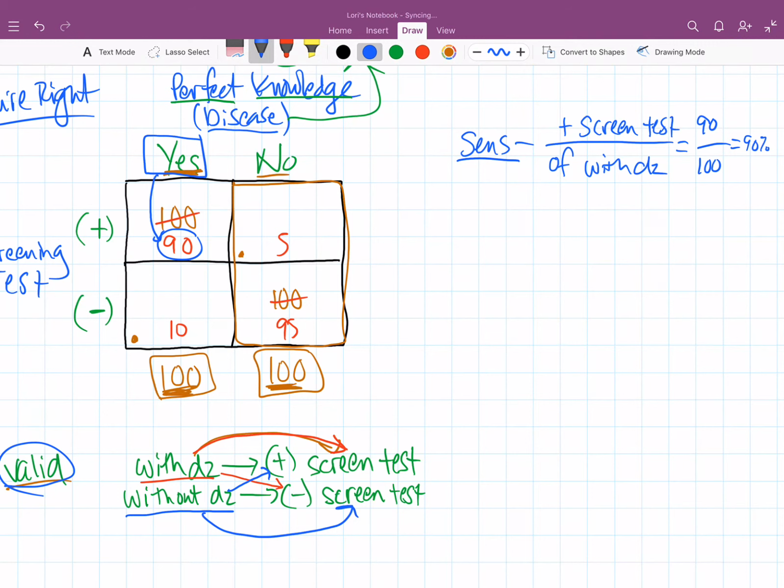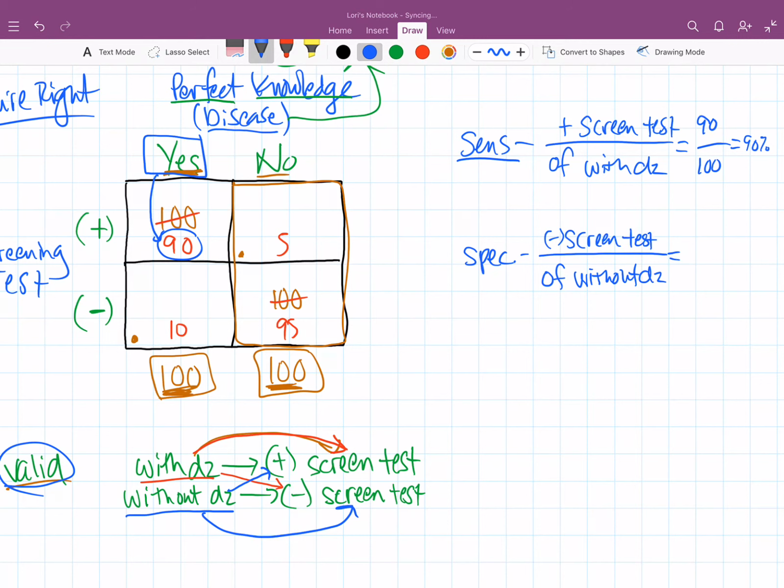And then we'll move on to the next test, which is specificity, SPEC for short. And what that means is, of those without disease, how many of them had a negative screening test?